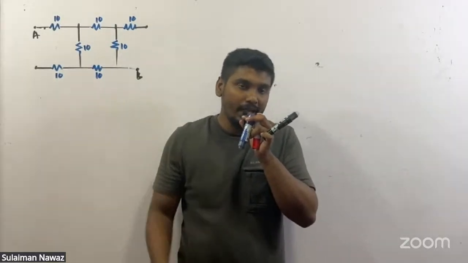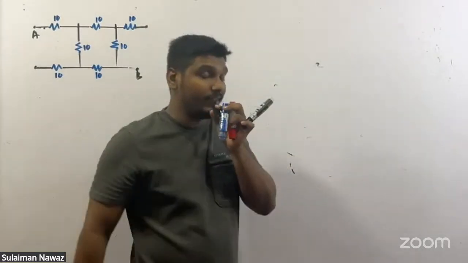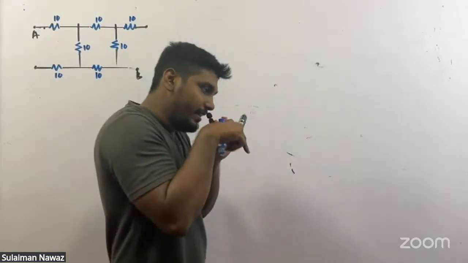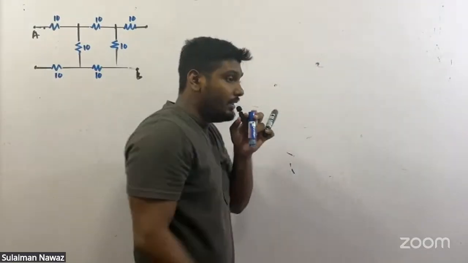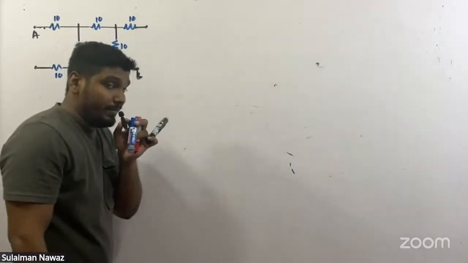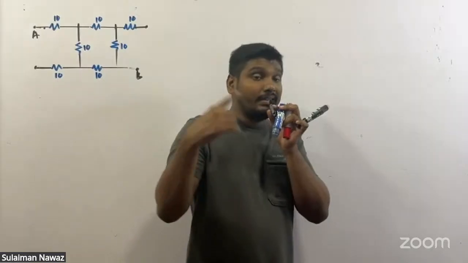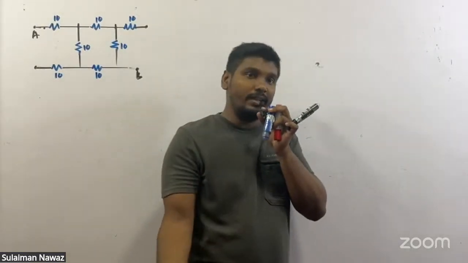You can't go. Likewise, in order for current to flow, there should be a continuous path. If current notices there isn't any continuous path, then current won't flow. So remember, the resistors in those paths, you can remove.